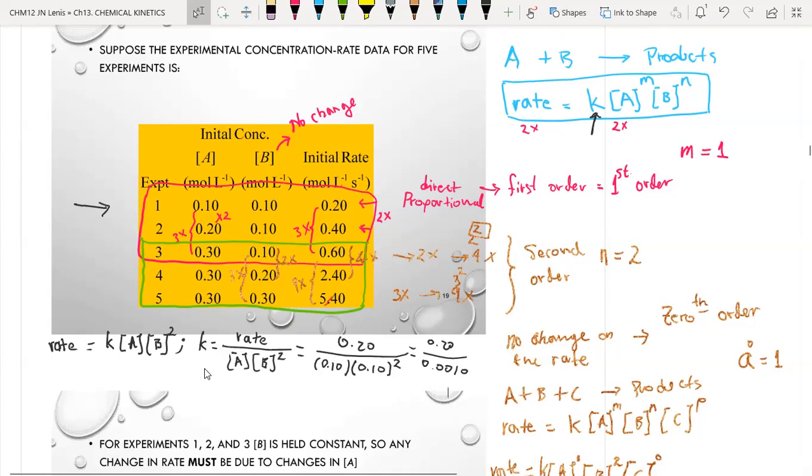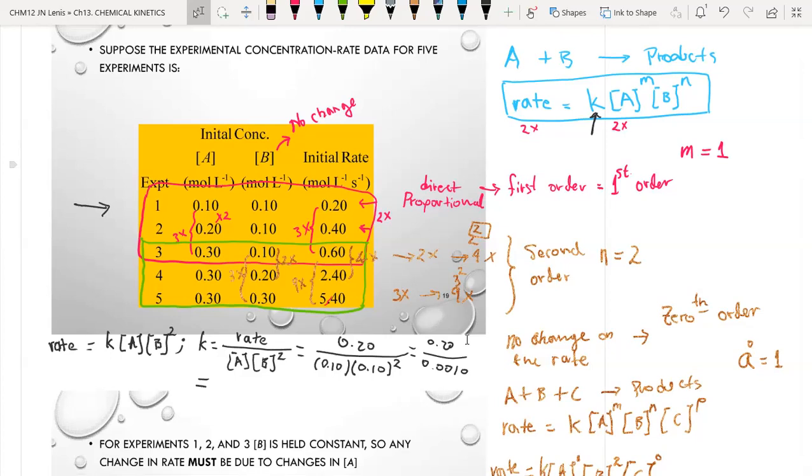And the rate, when you do that division, will be, on the bottom, 1.0 times 10 to the negative 3. When we do the operation, this number divided by this is going to be 0.20 times 10 to the third.